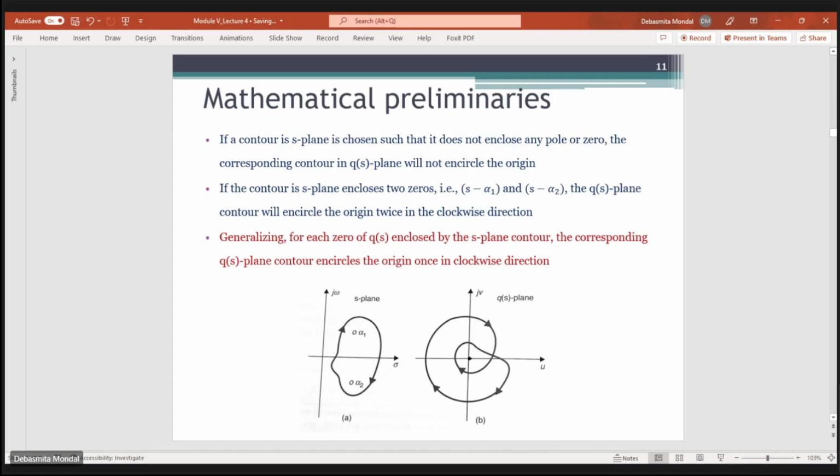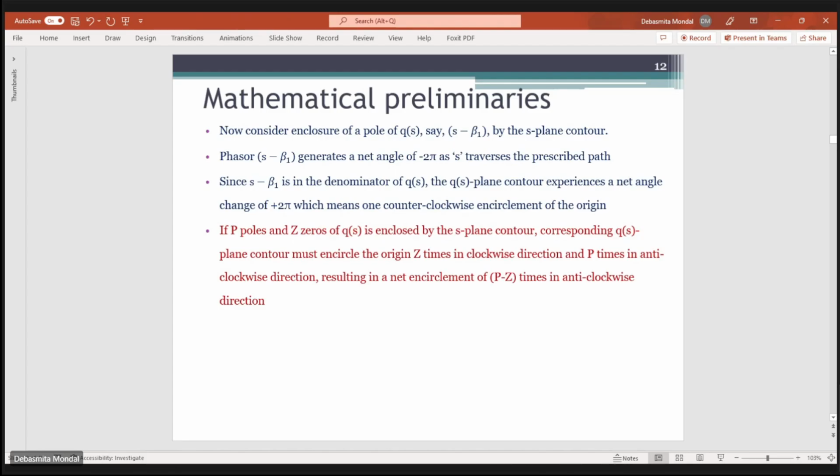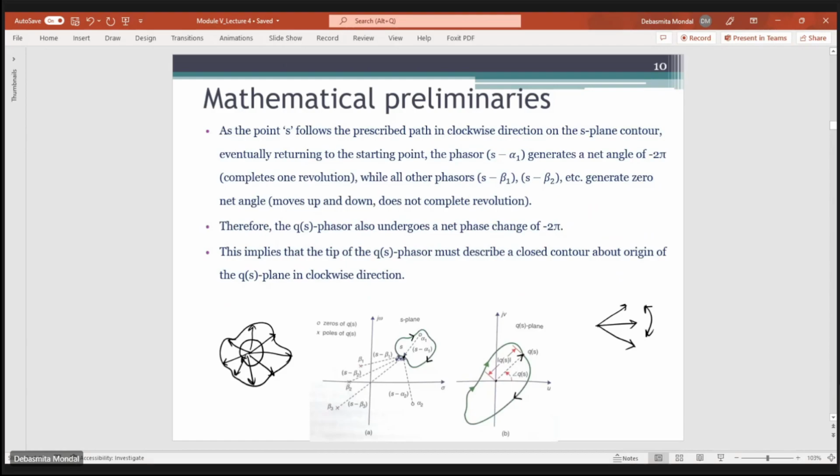Now what would happen if instead of enclosing the zeros, we enclose some poles? In case of enclosure of poles, we have S minus beta 1. Instead of the zero, we'll simply have a pole.